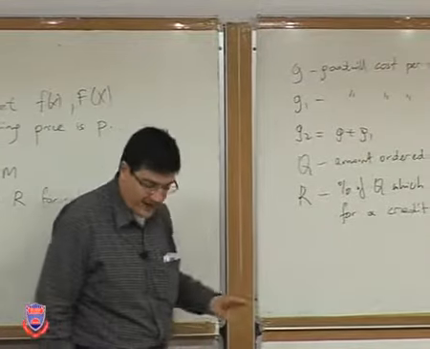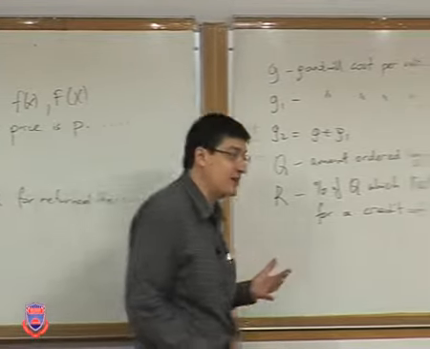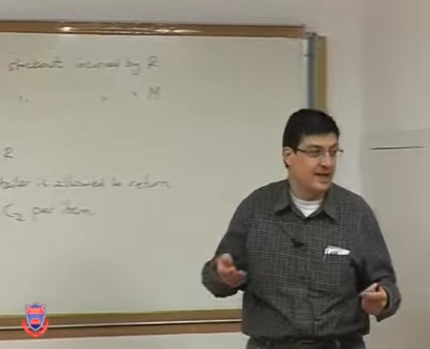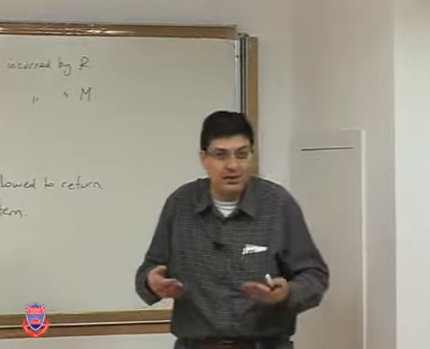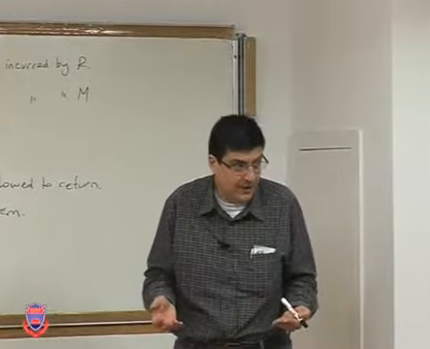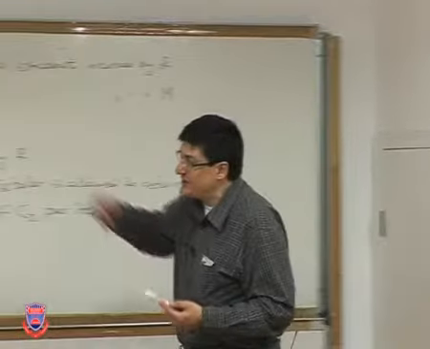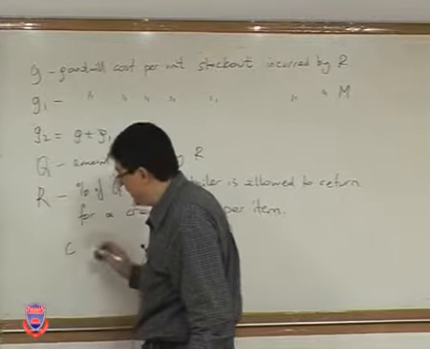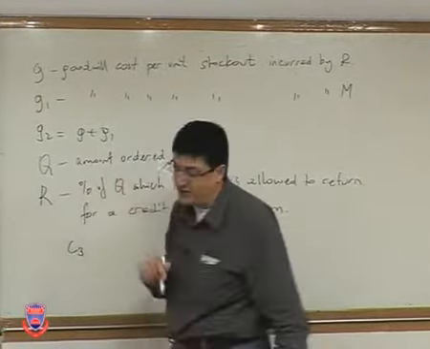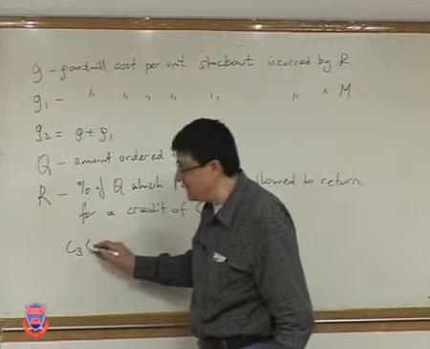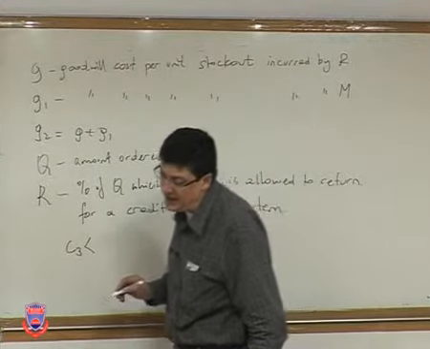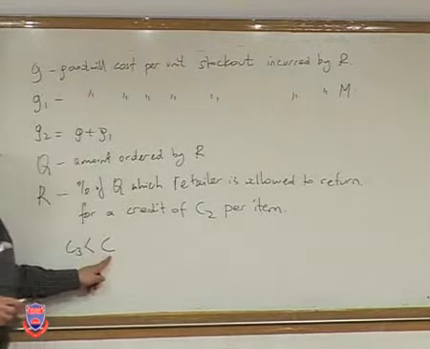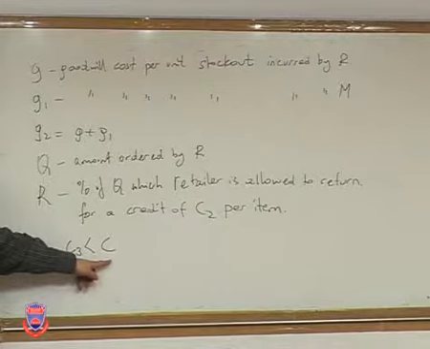Of course, there are some natural bounds within the values of C's. In other words, we want the system to be economically viable, and so there will be some relations. Now, number one relation, C3, which is the salvage cost, should definitely be less than C. In other words, this is basically the unit cost.